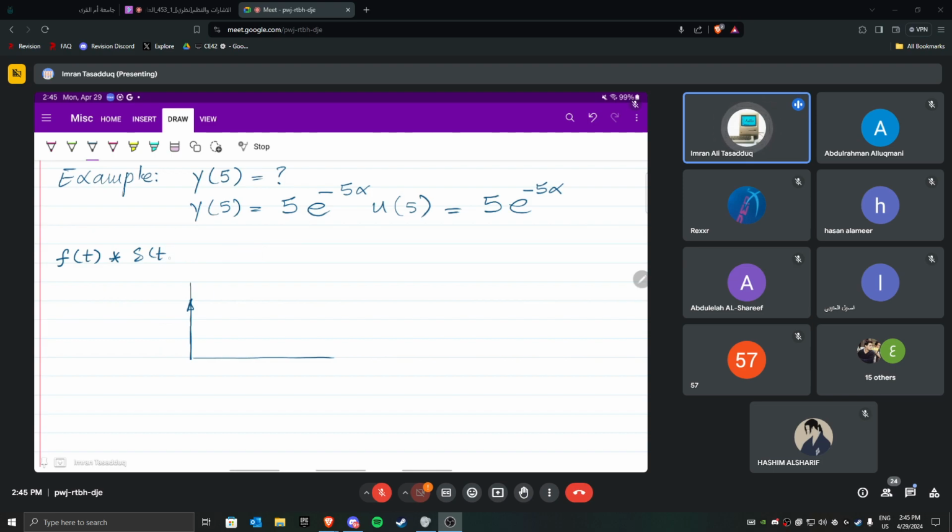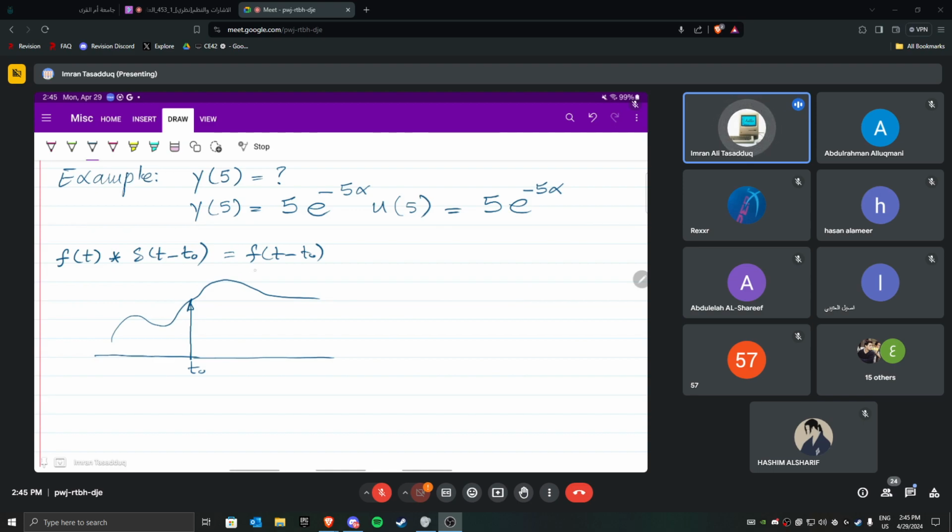When you are convolving with delta t minus t naught, the answer is f of t minus t naught. So basically your delta is here at t naught, and your signal is, for example, like this.